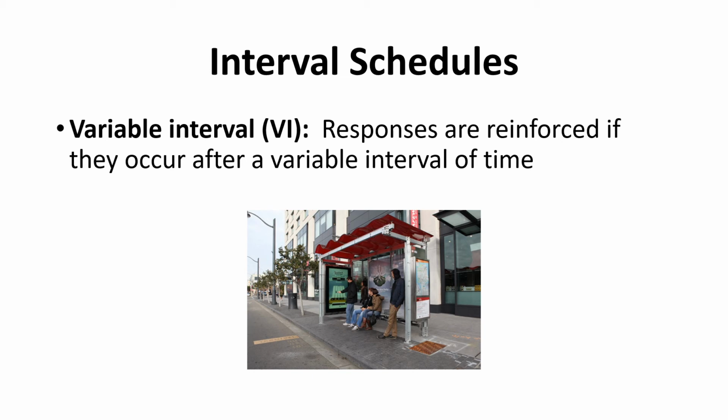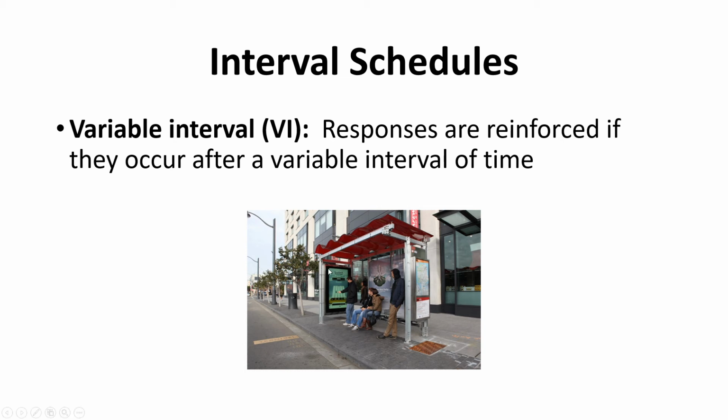Or every 10 seconds on average, but we might see reinforcement as soon as after 7 seconds or as long as after 13 seconds. So as soon as we introduce that little bit of wiggle room, that variability, then we're talking about some kind of variable schedule.